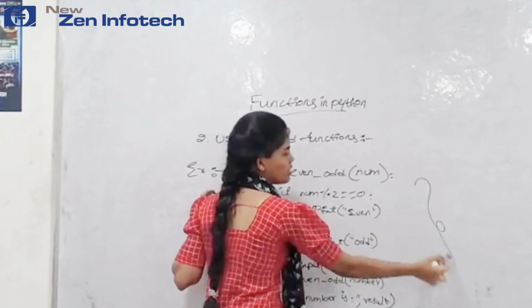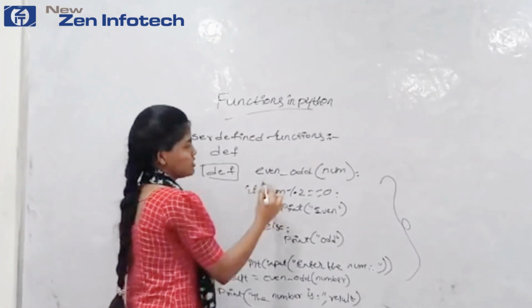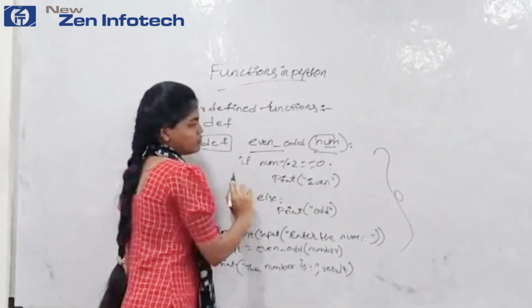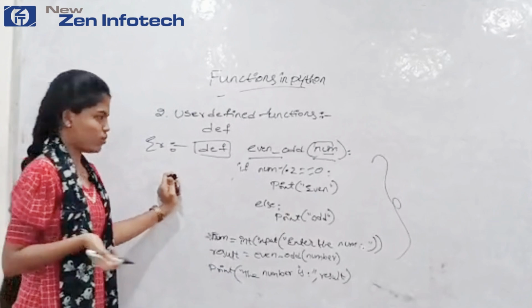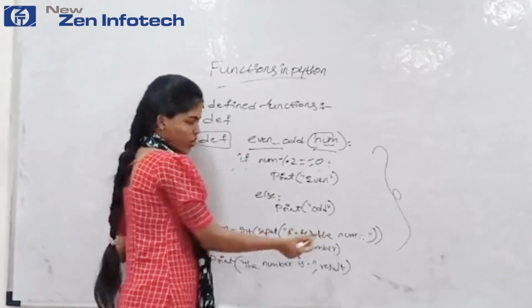This is the example code for user-defined functions. By using the def keyword, we defined the user-defined function. This is the function name, and the parameter we passed in this function is number. The code checks even or odd. If number modulus 2 double equals 0, print even, else print odd.